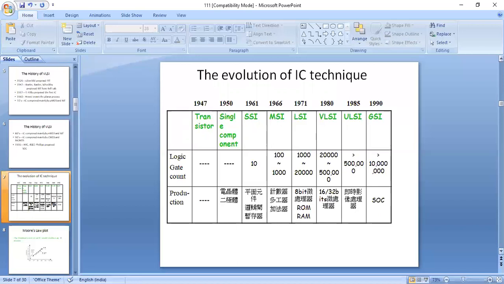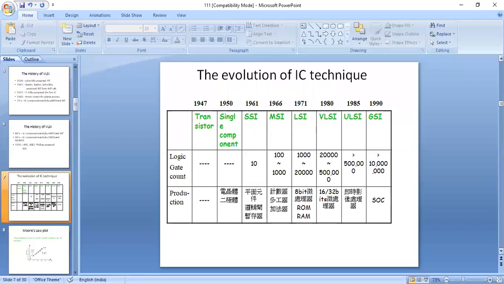These depend on complexity: if you increase the number of logic gates, the complexity is more. Based on that complexity, we classify IC technology into these 4 categories: SSI, MSI, LSI and VLSI.